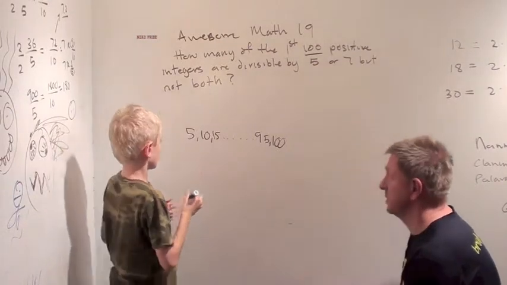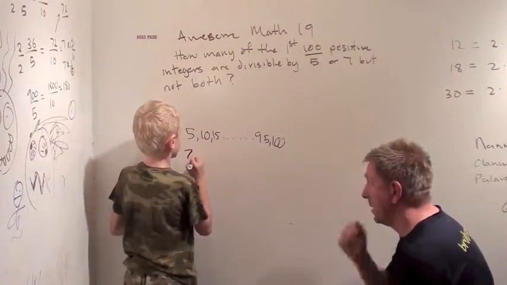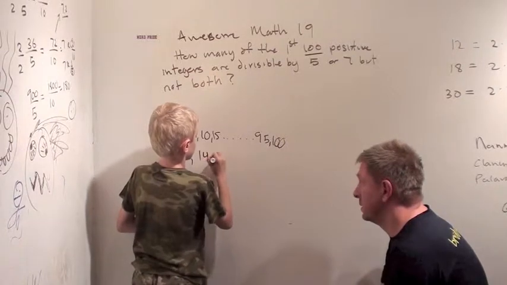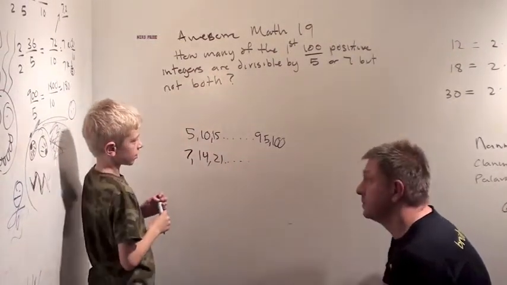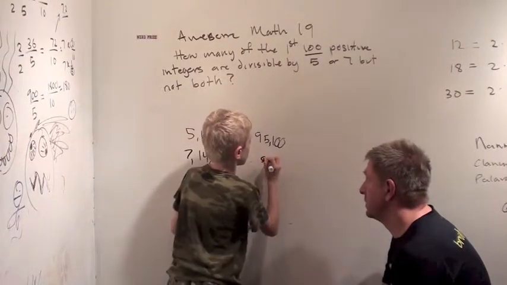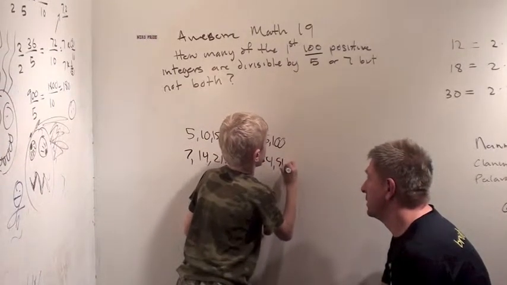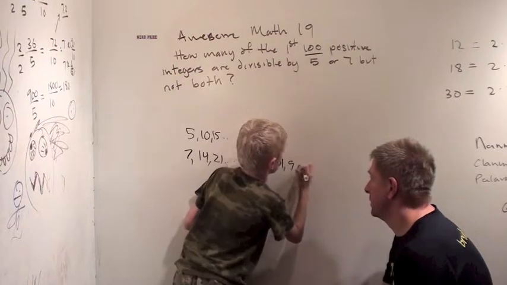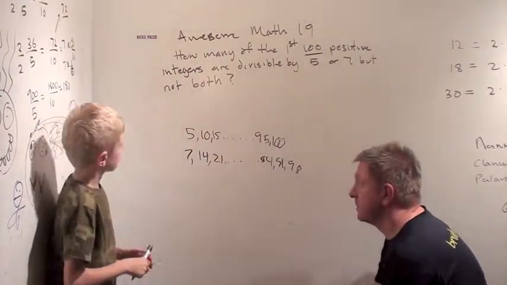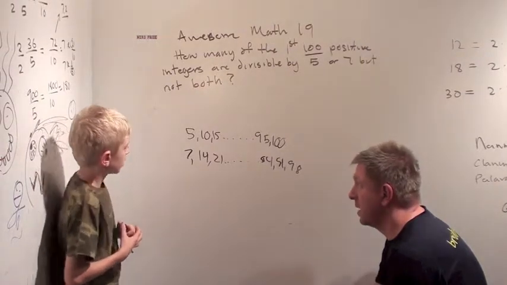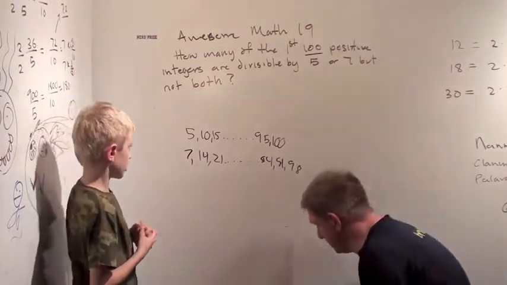And now the multiples of 7 are 7, 14, 21, up to 84, 91, 98. Good start. So now we have to figure out how many there are.